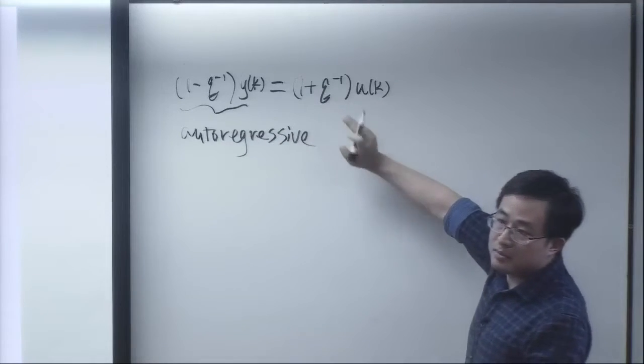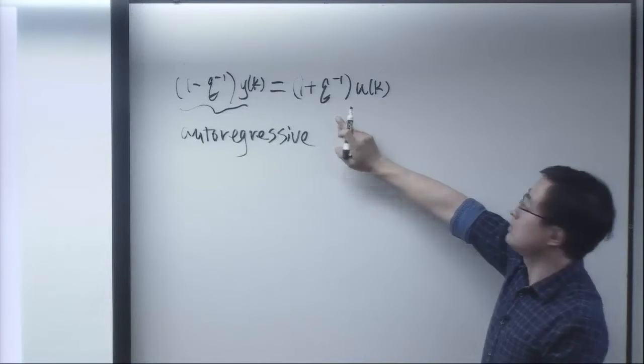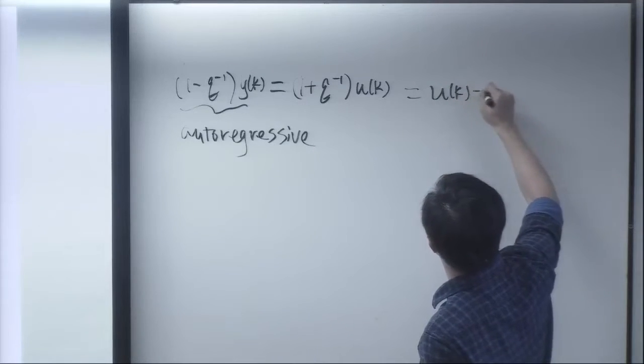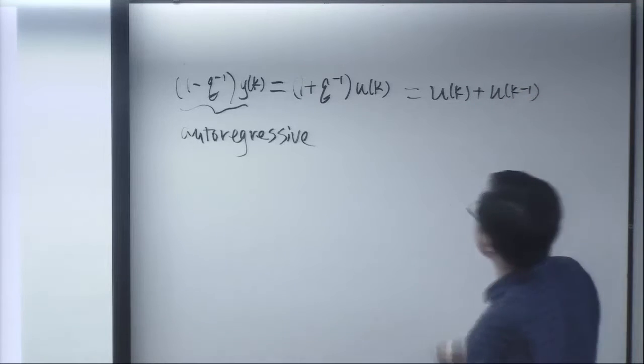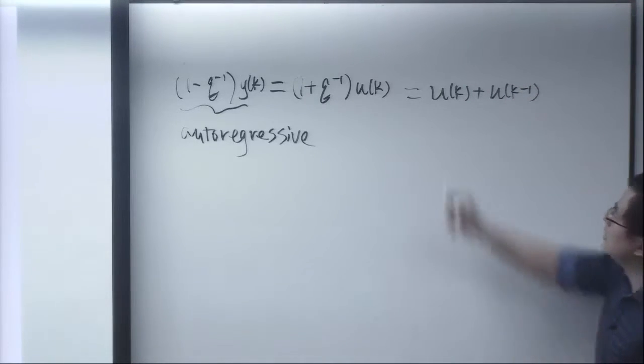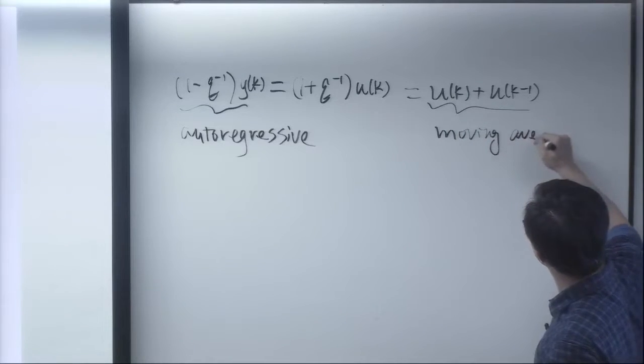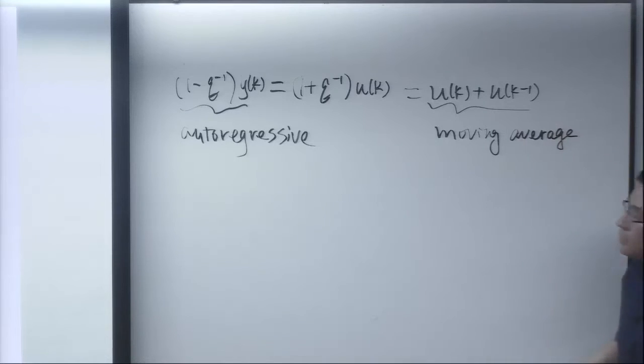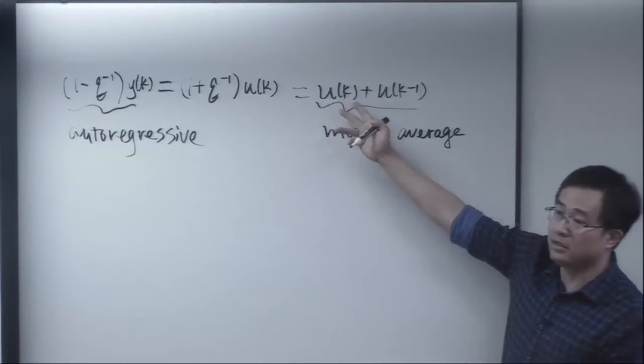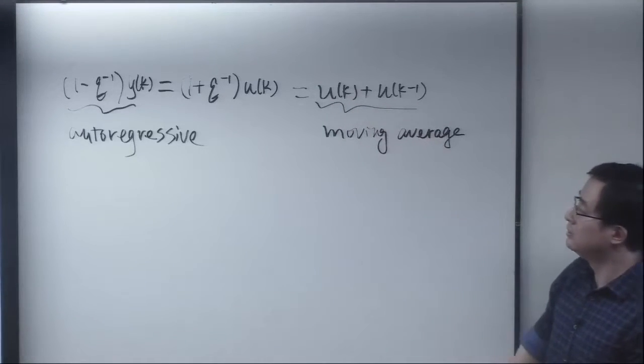And on this side is a moving average-like process, right? You have u_k plus u_{k-1}. Okay? So this is moving average, without the division by 2. So a moving average does not necessarily have to be normalized. If it's a combination of the previous signal values, it is still a moving average process. It is moving because changing k will change this value.